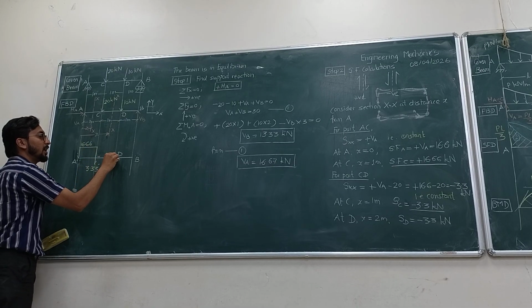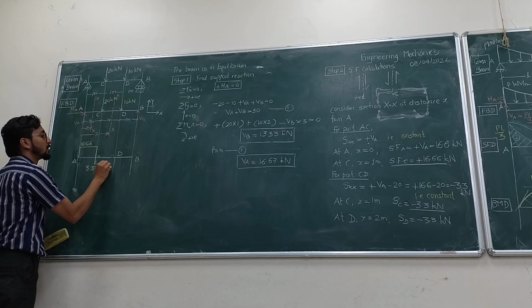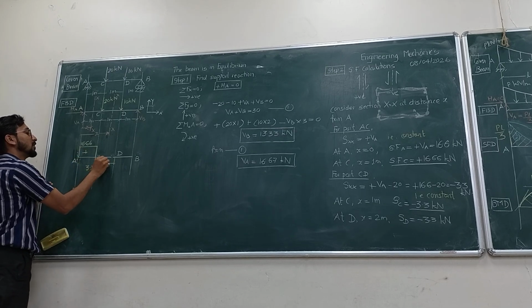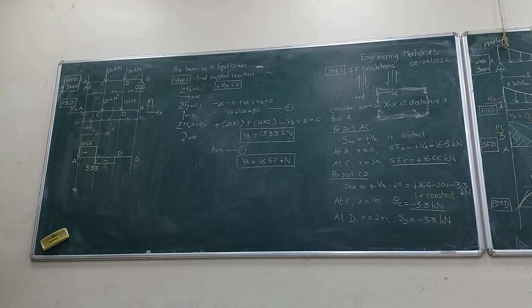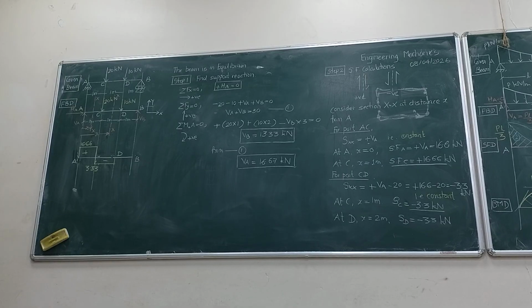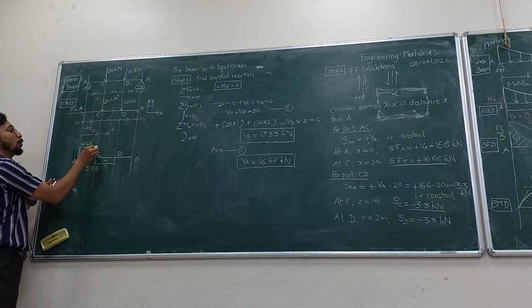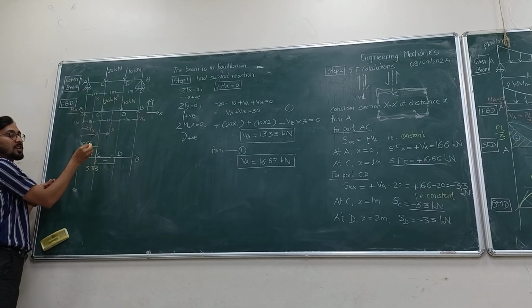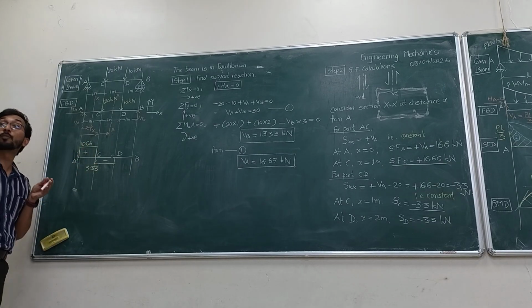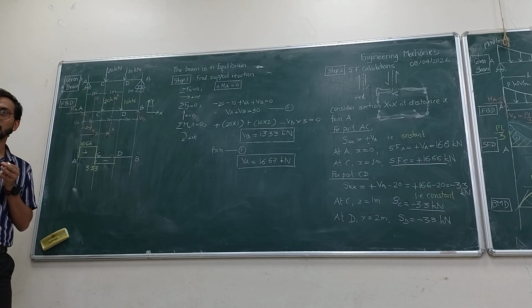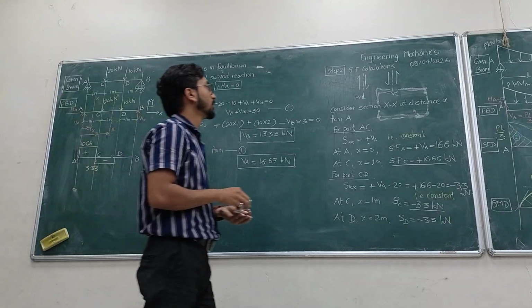And what is shear force at D? Minus 3.33. So this is minus, this is plus. So at C, this is your point C, you have got two values. First value is positive 16.66. Another value is negative 3.33. Right? Let us go further.